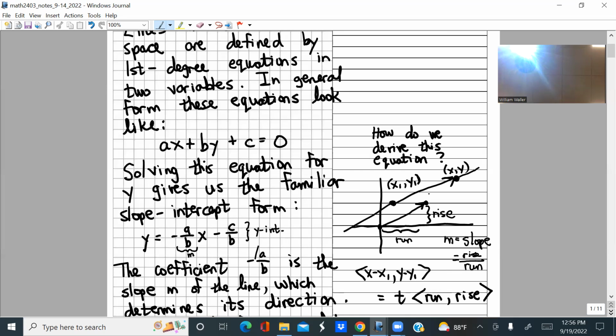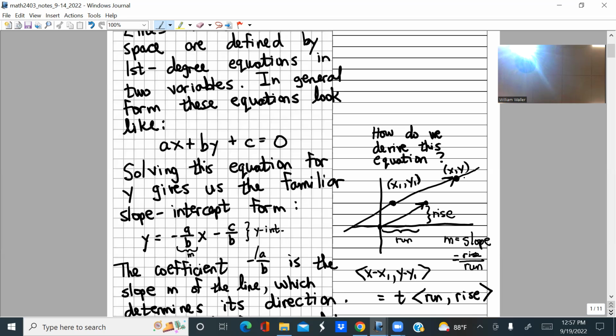All right, so suppose we've got a line and we want to write down the equation that corresponds to that line. Okay, now you have to know some things about the line to write down the equation that corresponds to it. So you have to think of yourself, what do you need to know in 2 dimensions in the Cartesian coordinate plane?